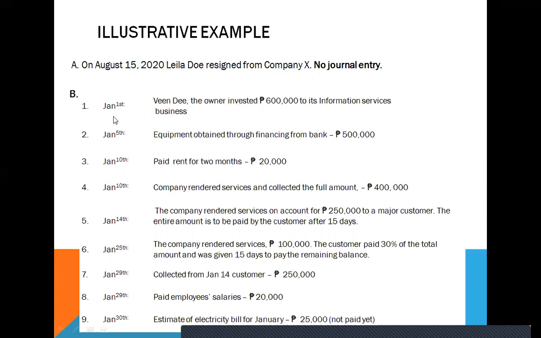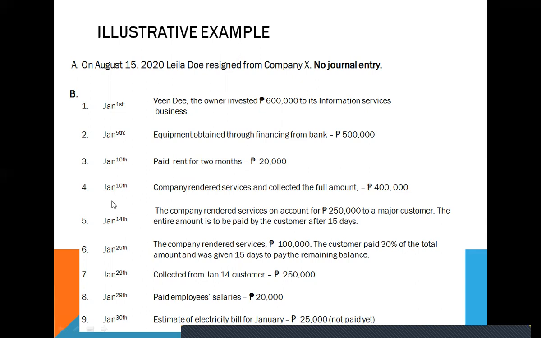On January 1st, Wendy, the owner, invested 600,000 pesos in her information services business. On January 5th, equipment obtained through financing from the bank, 500,000 pesos. January 10th, paid rent for 2 months, 20,000 pesos.